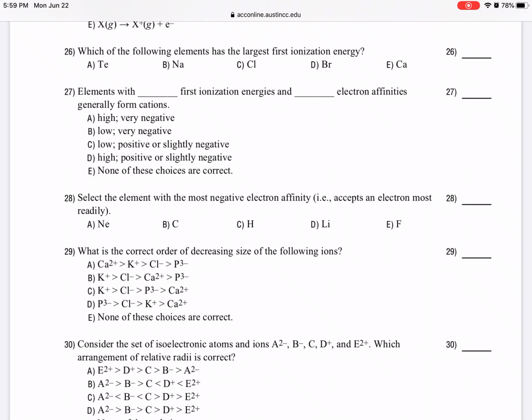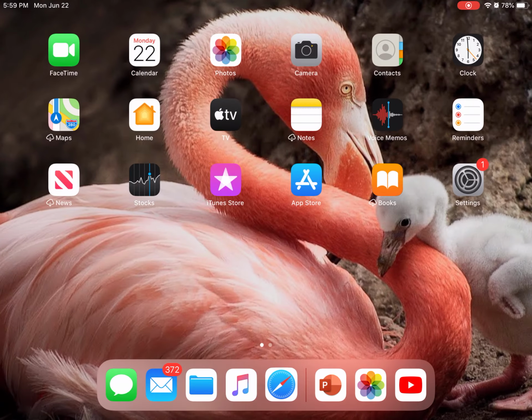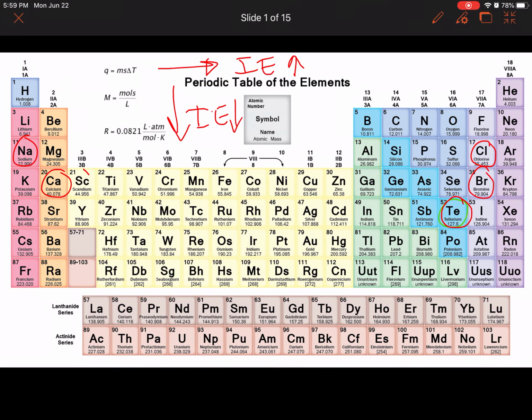Okay, and 28. Select the element with the most negative electron affinity, meaning it accepts an electron most readily. Let's look at the periodic table and see where the elements are located.